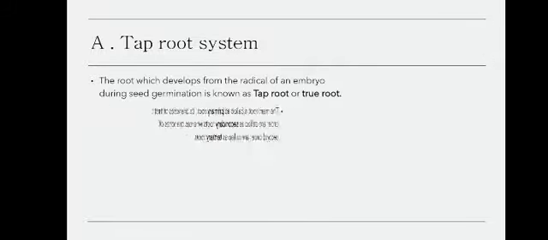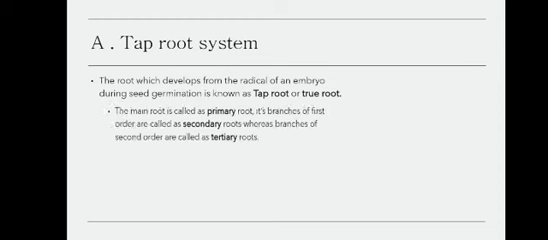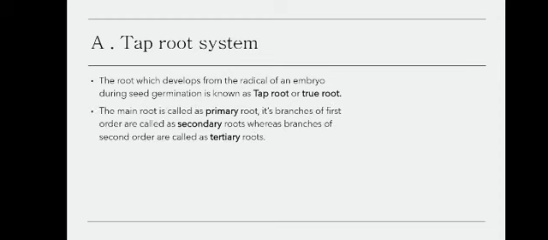Second, the taproot system has a main root called the primary root, and branches of the root are called secondary roots, and branches of the secondary roots are tertiary roots. The taproot system is commonly seen in dicotyledonous plants.